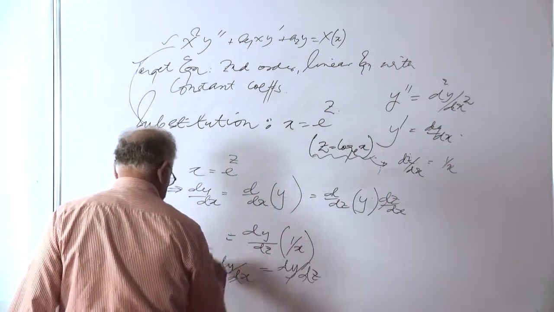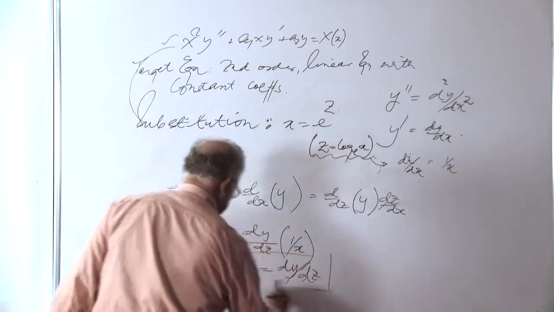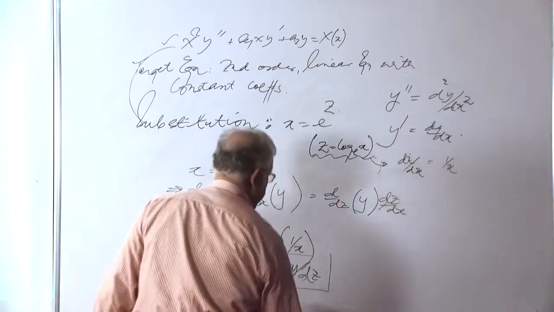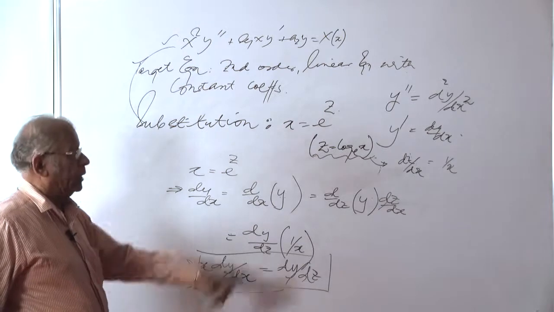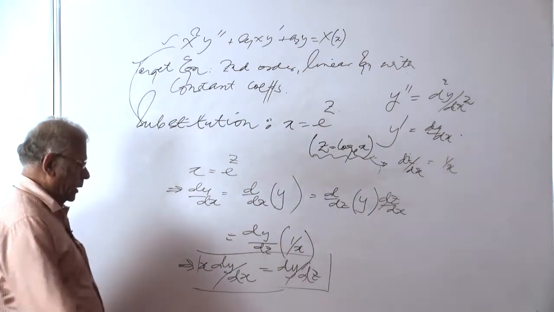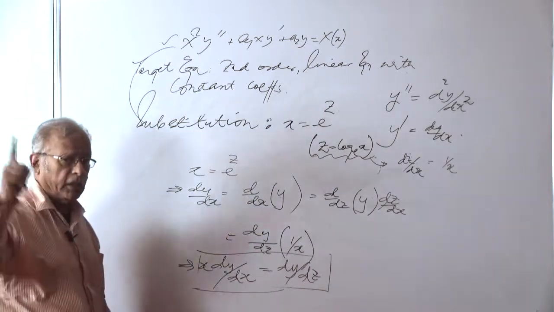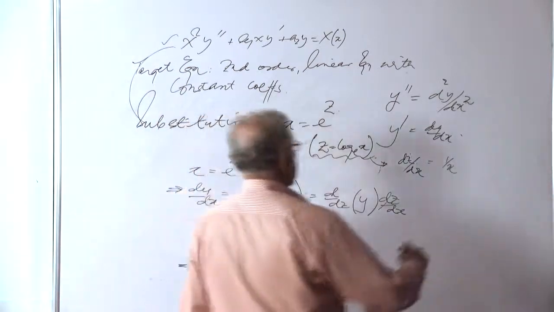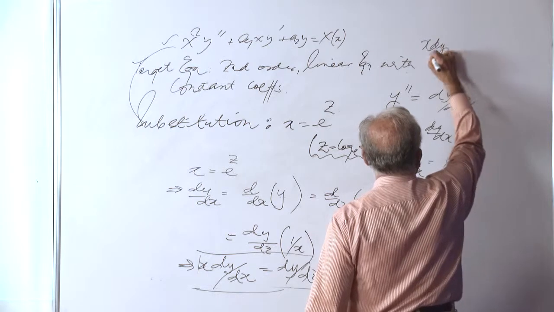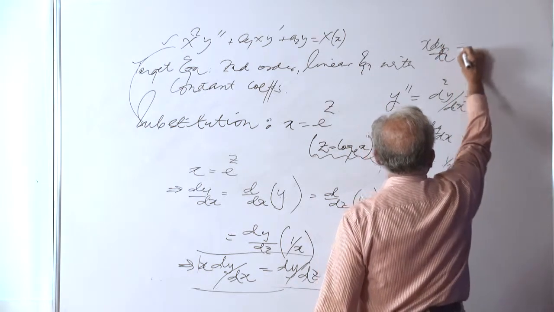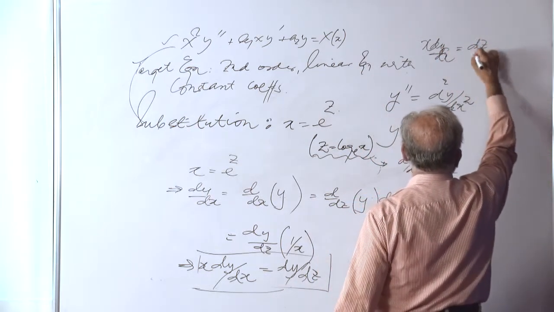So this is one important result which we need to capture. We'll hold it: x dy dx is dy dz. We'll write it in one corner and proceed further from there.